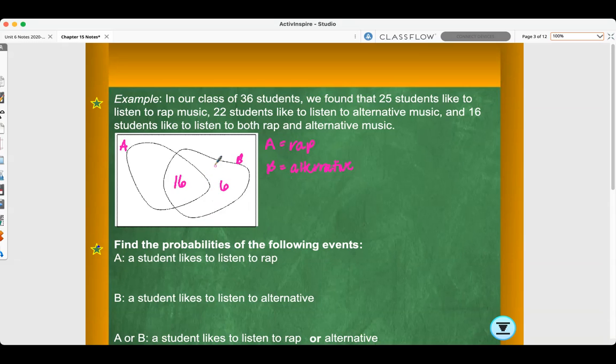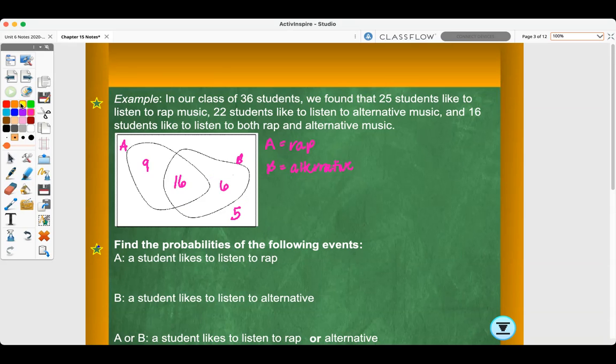And here in A, it said that 25 students like to listen to rap music. We already have 16 there. That means 9 only like to listen to rap. Let's add these together. 9 plus 16 is 25. Plus another 6 is 31. So that means 5 don't like to listen to either type of music.